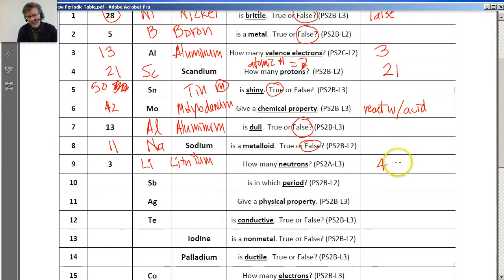So remember, neutrons equals atomic mass minus protons. Or if you do the algebra right, we know that atomic mass is protons plus neutrons. Why? Because the protons and neutrons are the stuff in the nucleus. That's what gives the atom most of its weight.